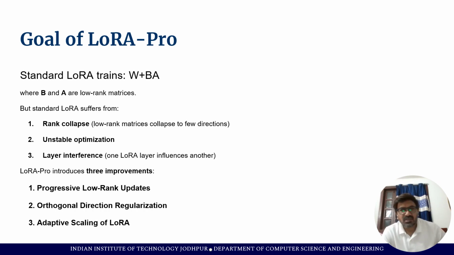Second, unstable optimization. The training process of LoRA can be very unstable, especially at the beginning, leading to poor convergence. Third, layer interference. The updates in one LoRA layer can negatively influence the updates in another. LoRA-Pro tackles all these problems with three specific improvements, which we will now walk through one by one.